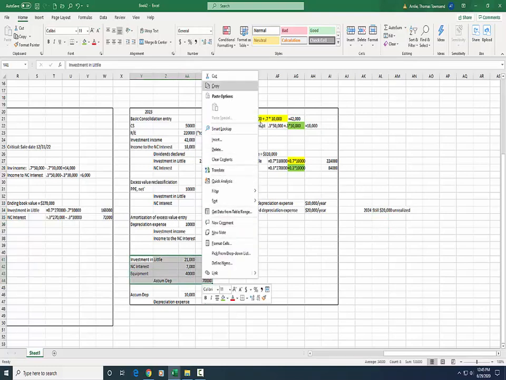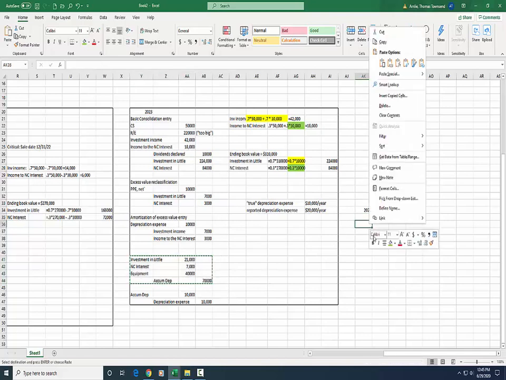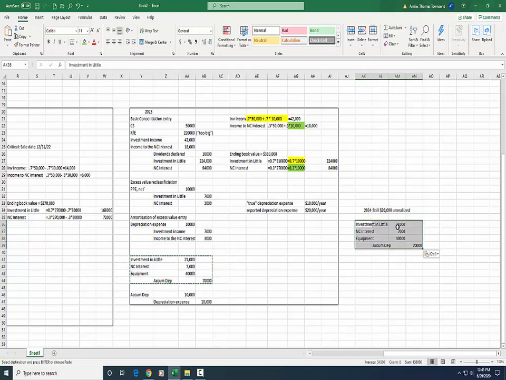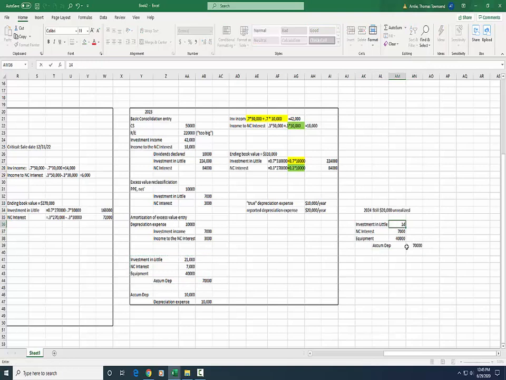I'm going to copy and paste again. We're going to split that 70-30 between the two parties. The equipment account is still on the parent's books at 60. The correct value, the correct cost is 100, so we have to increase the equipment account by $40,000.